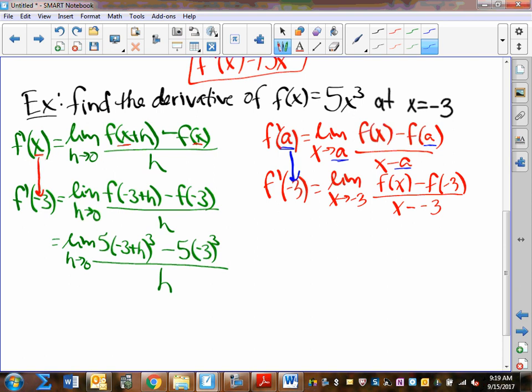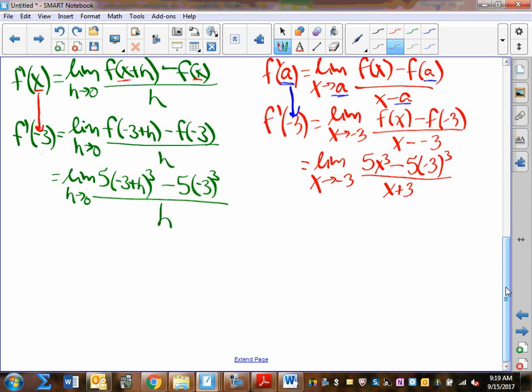Alright, so now when we go ahead and continue on this side, limit as x approaches -3, f of x is just 5x cubed minus f of -3, so minus 5 times -3 cubed over x plus 3. You can tell that it's going to be similar to what we were doing above, right?